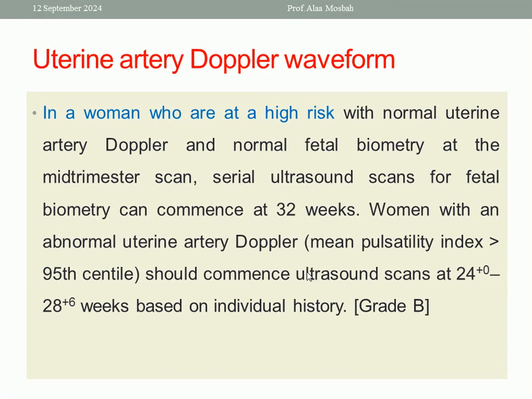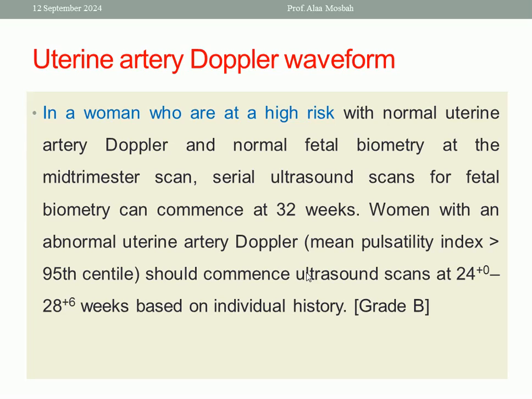In a woman who is at high risk with normal uterine artery Doppler and normal fetal biometry at the mid-trimester scan, serial ultrasound scan for fetal biometry can commence at 32 weeks. Okay? Women with an abnormal uterine artery Doppler should commence ultrasound scan at 24 up to 28 weeks based on individual history.